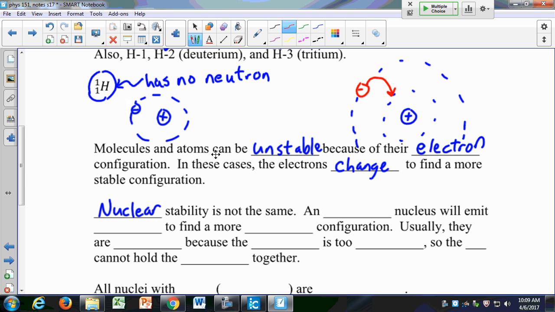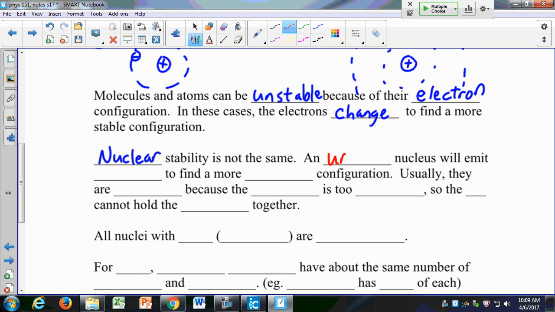An unstable nucleus will emit radiation to find a more stable configuration. And usually they are unstable because the nucleus is too large. Remember that the strong nuclear force only acts over 10 to the minus 15 meters.